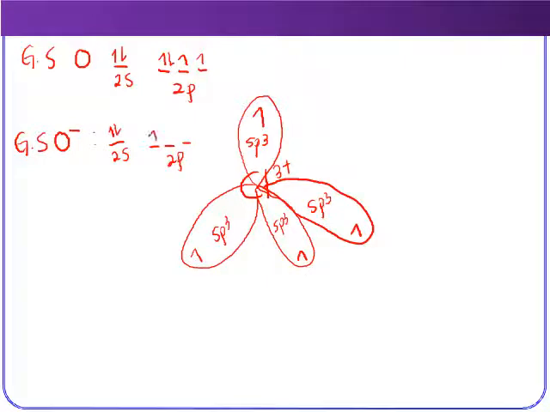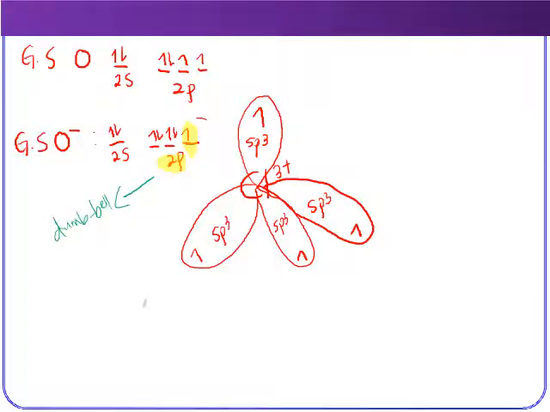It fills up in the 2p orbital, and now we have one 2p orbital with one unpaired electron. This 2p orbital is going to overlap with the sp3 orbital here. Again, the sp3 orbital has the dumbbell shape.